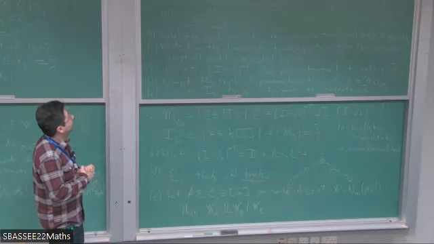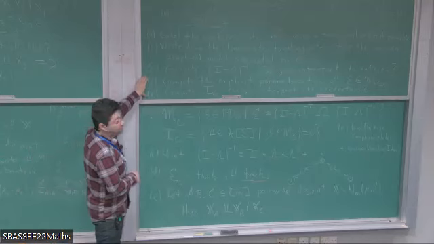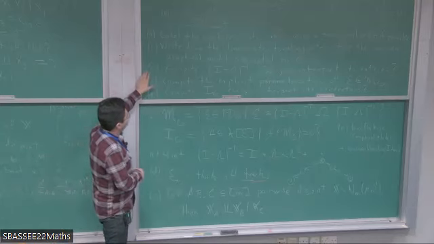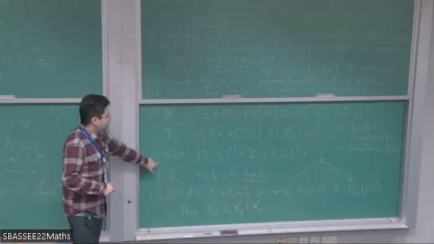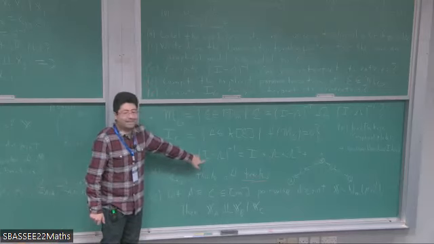If not, I'm happy to talk to you. Now for the last 3, I want to give you some hints. For part C, the hint is that identity minus lambda inverse has a nice expression.